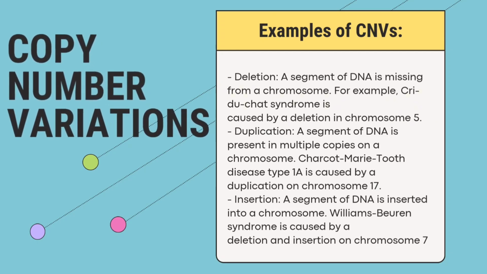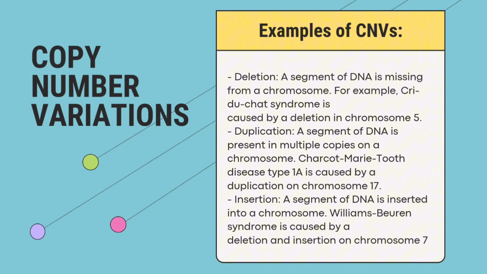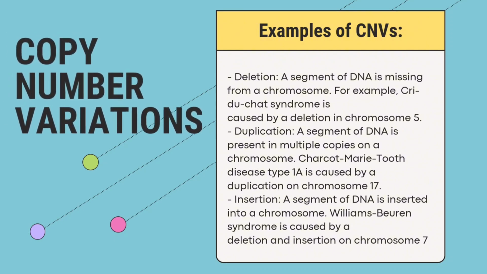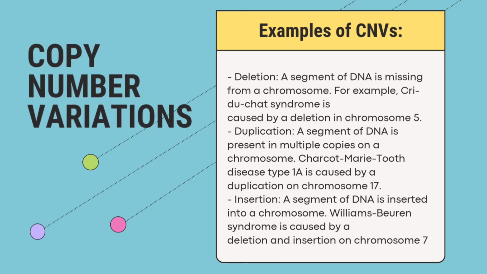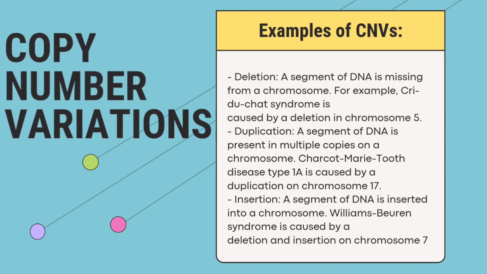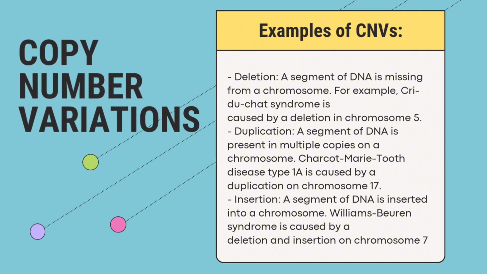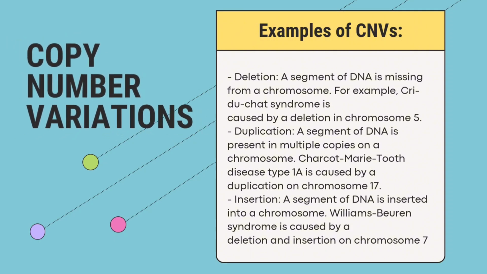This technique uses fluorescent probes to detect specific DNA sequences on chromosomes. Then, last but not least, next generation sequencing. These techniques can identify CNVs by analyzing the number of reads for each DNA segment.